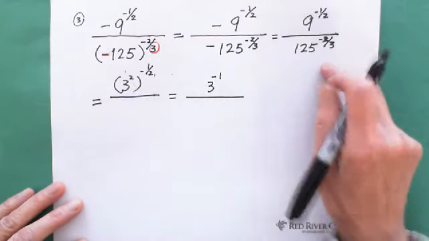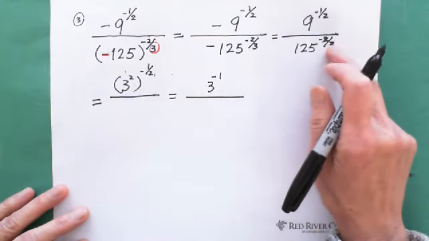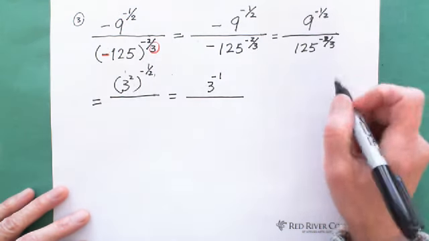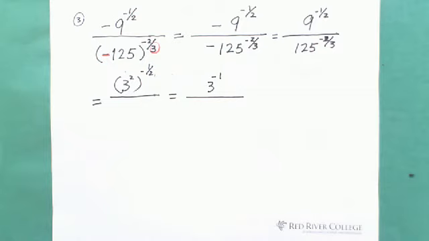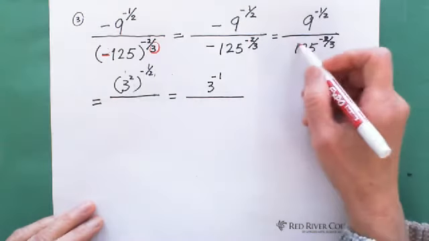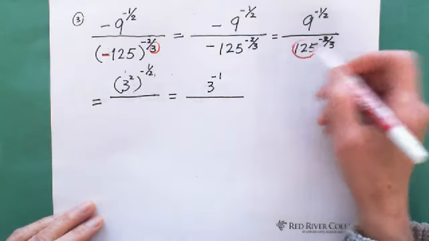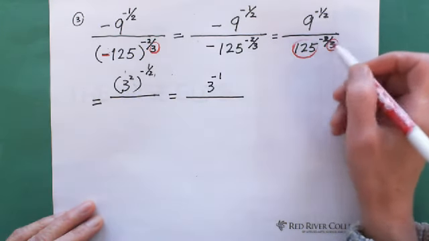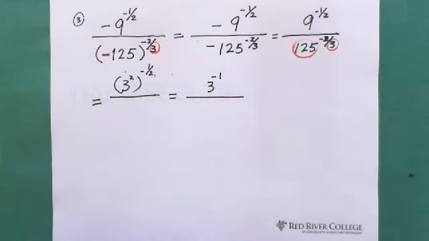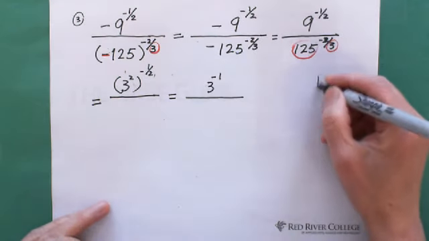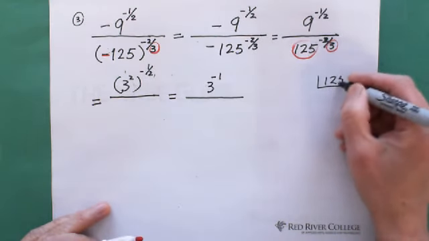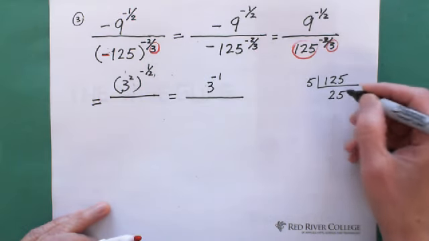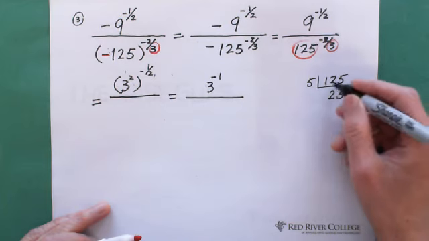And the bottom one, 125 to the negative 2 over 3 exponent. So we need to think about how to change 125, factoring 125 in relation to the cube root. 125 is divisible by 5, you get 25. 5 times 25 is 125.